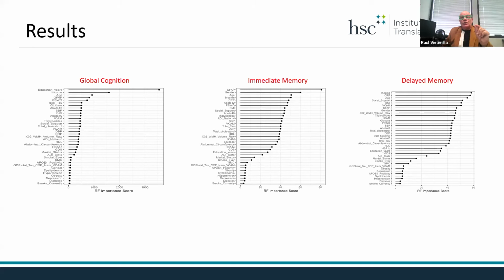But when we use continuous variables for health, like BMI, systolic blood pressure, diastolic blood pressure, A1C, total cholesterol, of course, they go up in the relative importance score. Next slide, please.